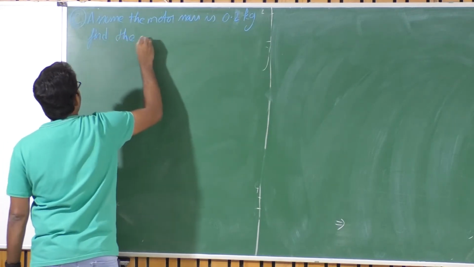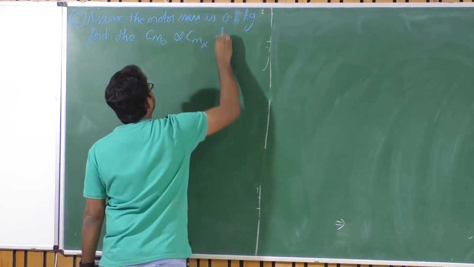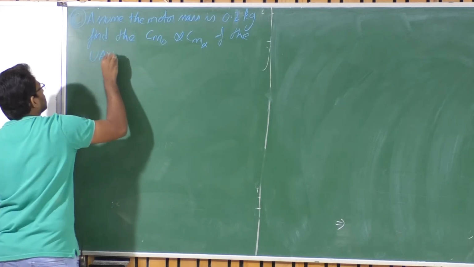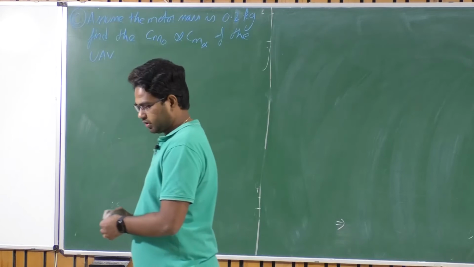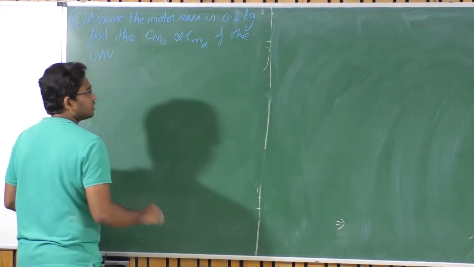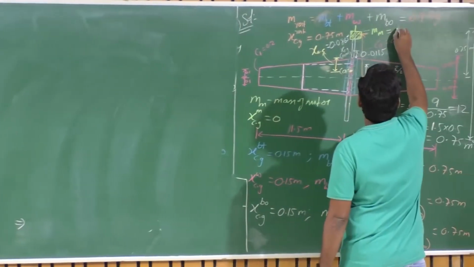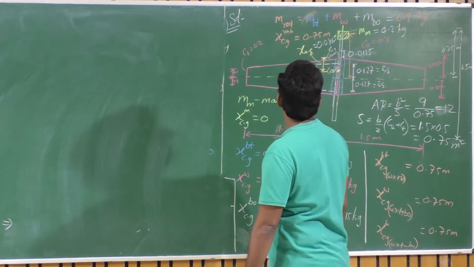Find the Cm naught and Cm alpha of the UAV. So for the same data, you are given the mass of the motor as 0.2 kg.